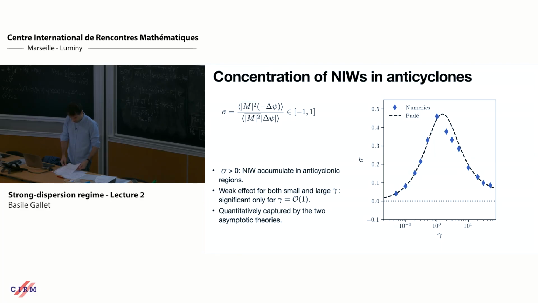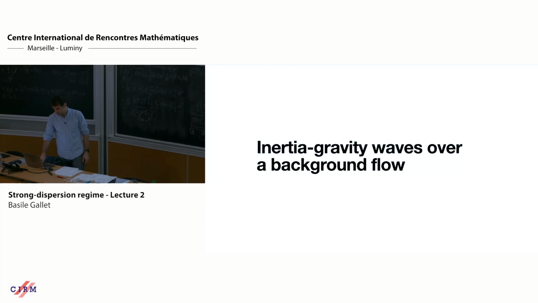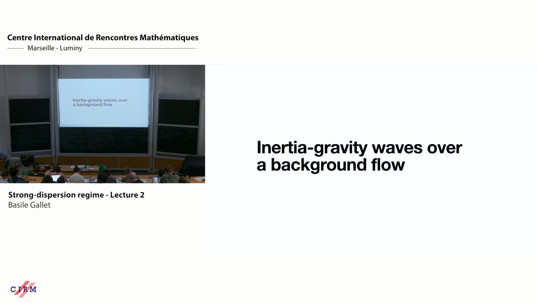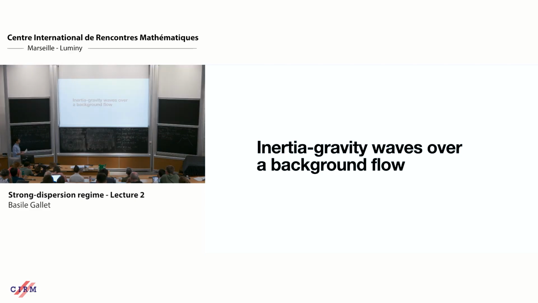All right. So now I'd like to switch to something different. We've discussed near-inertial waves over a background flow. And I was hoping in the remaining time I could tell you about something different, which is internal gravity waves in a weak background flow, because the phenomenology is quite different from what we've just said.